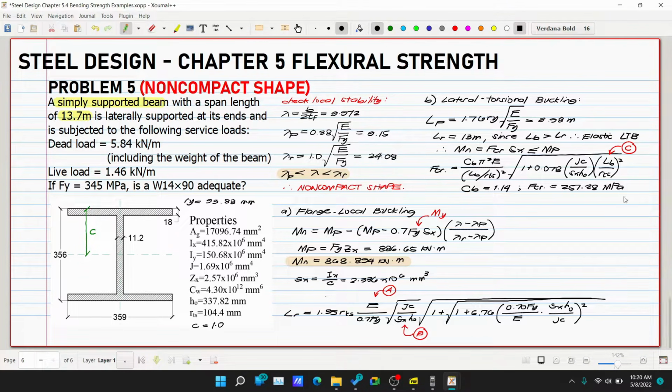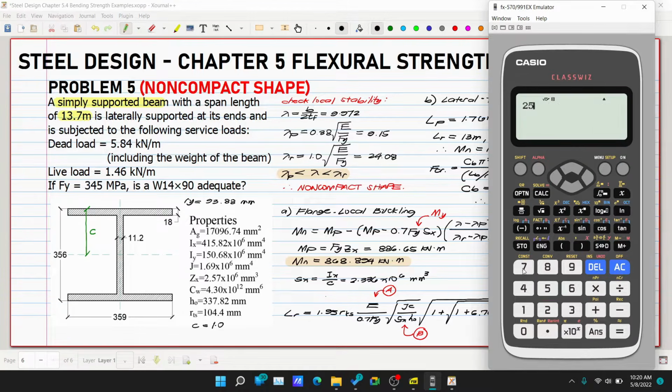mega Pascal. So, masasabi natin ngayon ang ating MN. Ang ating MN is FCR na 257.28 multiplied by SX, which is equivalent to 2.336 times 10 raised to 6, divided by 1,000 squared.